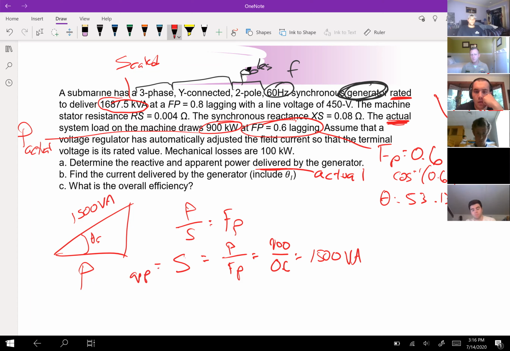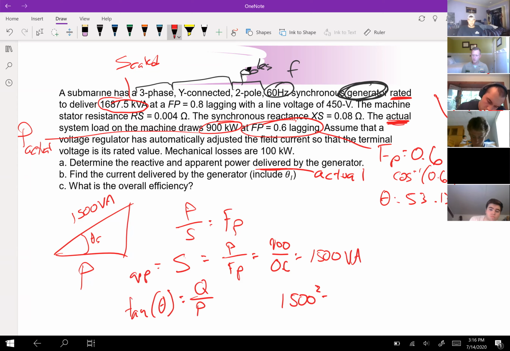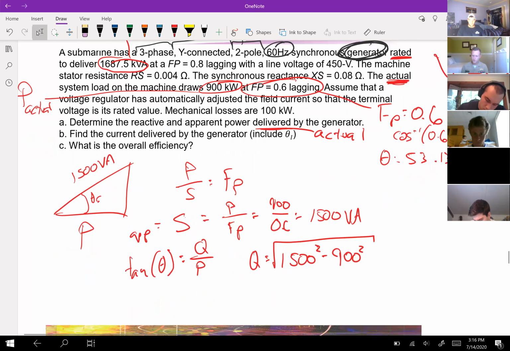Reactive power, there are multiple ways to get it. You could use the tangent, right, back to SOH CAH TOA. The tangent is opposite over adjacent. You could do that. You could also use the Pythagorean theorem, 1500 squared minus 900 squared, and take its square root, and that would also give me Q. So Q in this case is 1200 kVAR, and it's inductive.